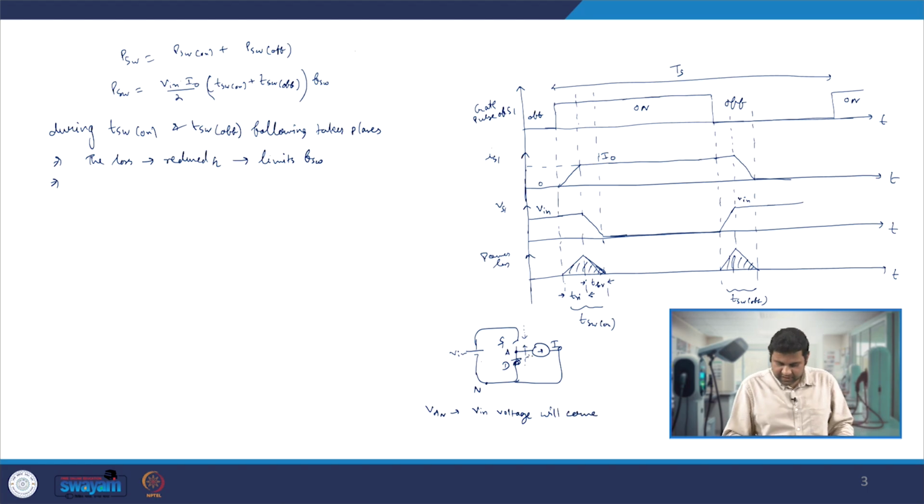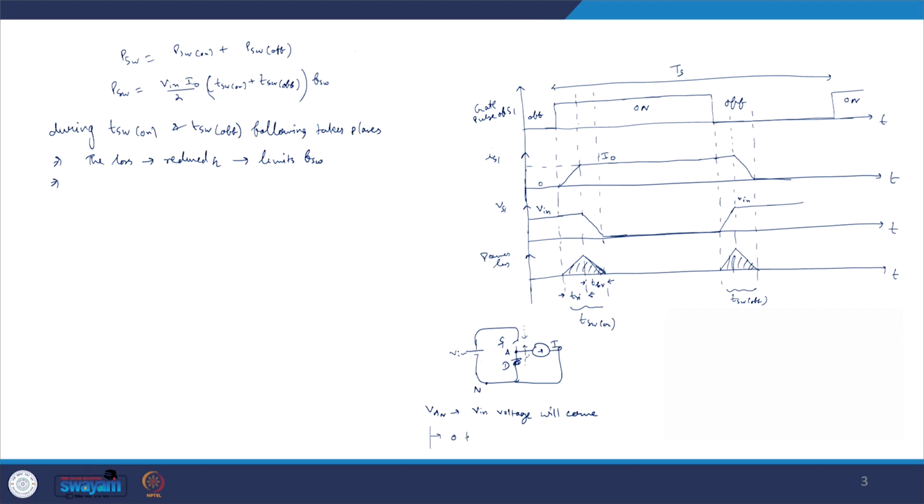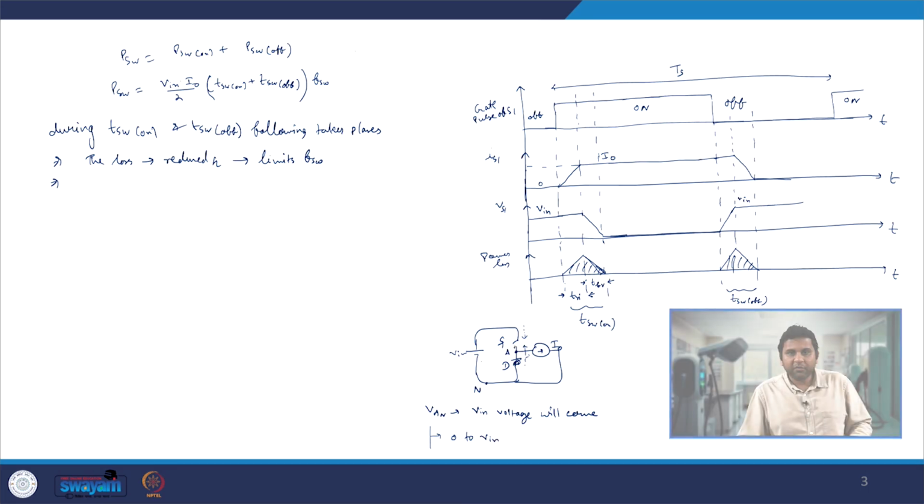So this VAN voltage goes from 0 initially, because when the diode was on it was 0, to V in. There you do not have any control. That happens depending on how fast you are turning on this S1 switch.